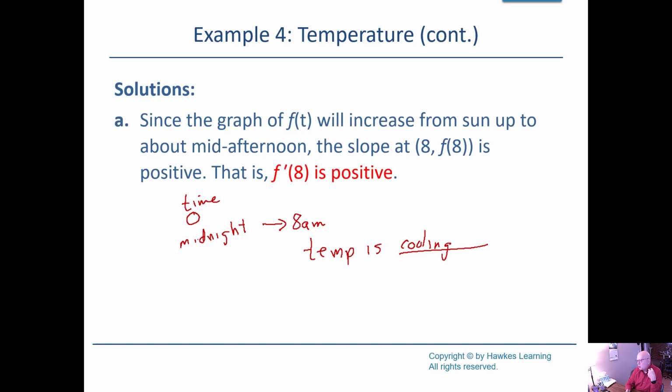So if it's cooling, that's sort of like a rate. What's happening to this? The slope is positive, and that means it's warming up. See?